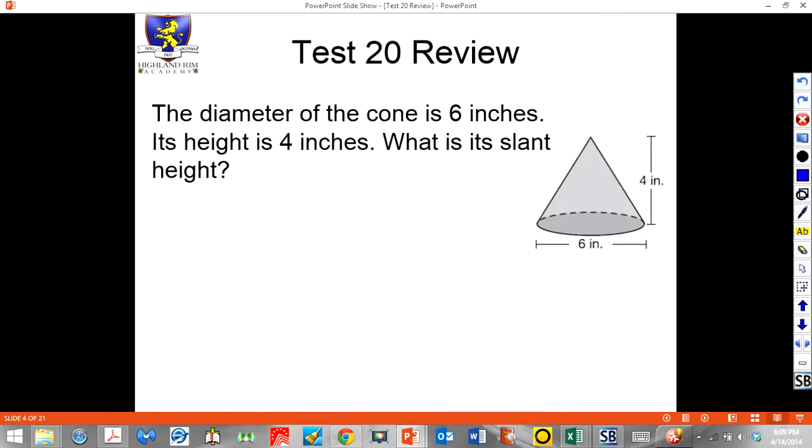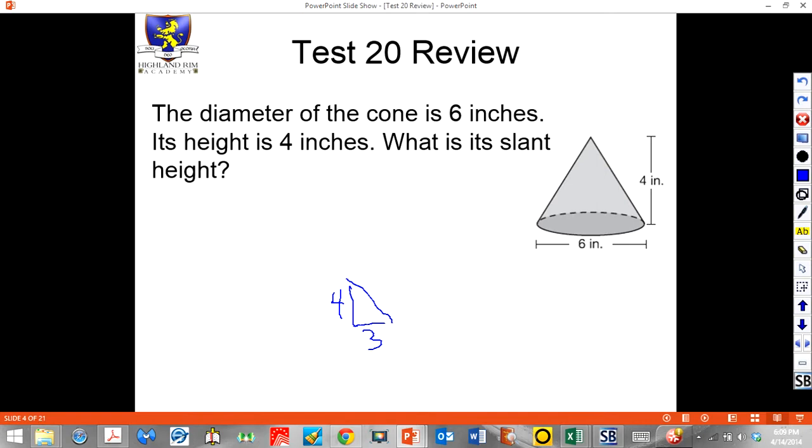Here's the next one. The diameter of a cone is 6 inches. Its height is 4 inches. What is the slant height? We know that the slant height is the hypotenuse of a triangle. The height is 4 inches, the diameter is 6 inches, which means the radius is 3 inches.